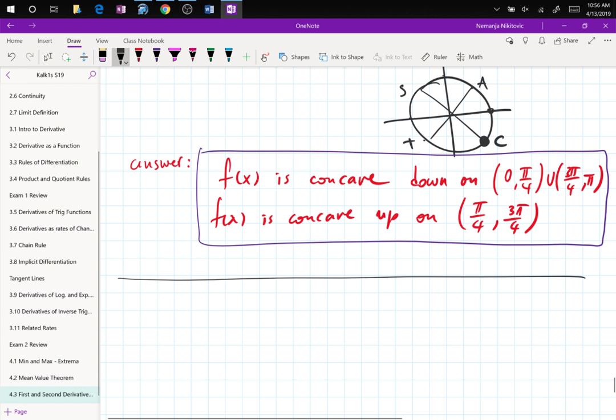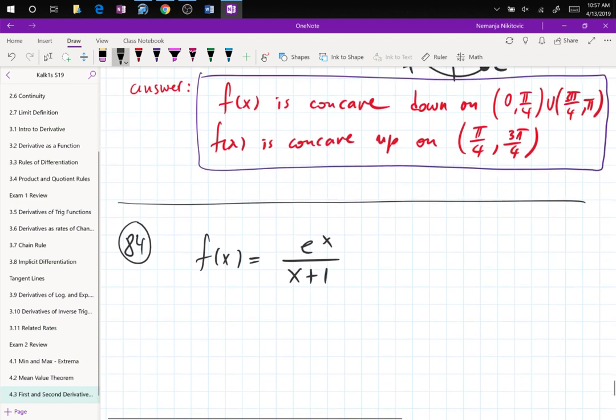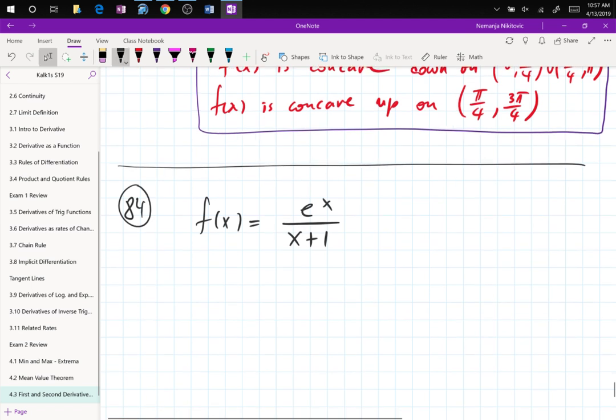They're also from the book, it's just different numbers. I think I did 87, so let's do something else. How about 84, because it looks crazy already with e to the x over x plus 1. So why not, right?